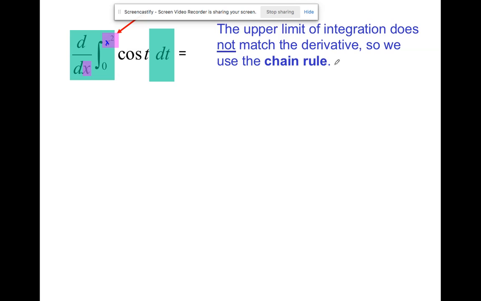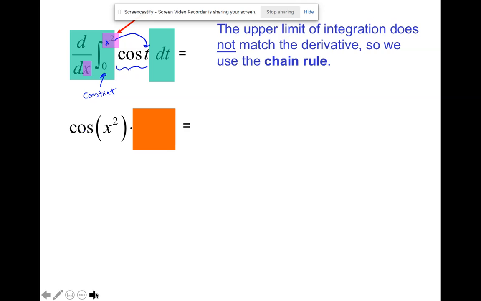So you just need to remember, I told you it never goes away, the chain rule. I still have the derivative of the antiderivative. I still have that the lower limit is a constant. So I'm going to copy the integrand over. Here's the integrand, copy, paste. In for t, I put x squared, but I have to spit out the derivative of x squared.